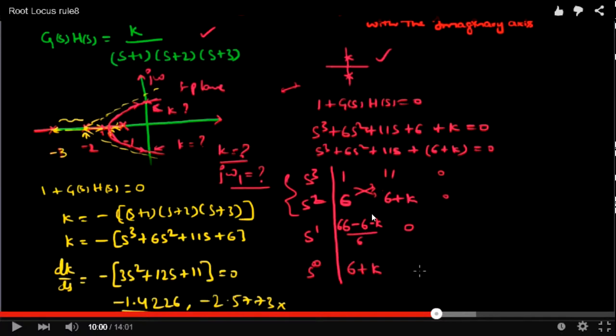So you're taking this one, multiply by this one, minus away this one, multiplying by this one. Because this one 6 times 0 is 0, and then this one multiplied by this one, minus this one multiplied by this one, and then divide the whole thing by this one. Right? So therefore you're just getting back this over here, right? So this is why 6 plus k. Okay, if you remember. Otherwise you can just jump back to my Routh-Hurwitz video.